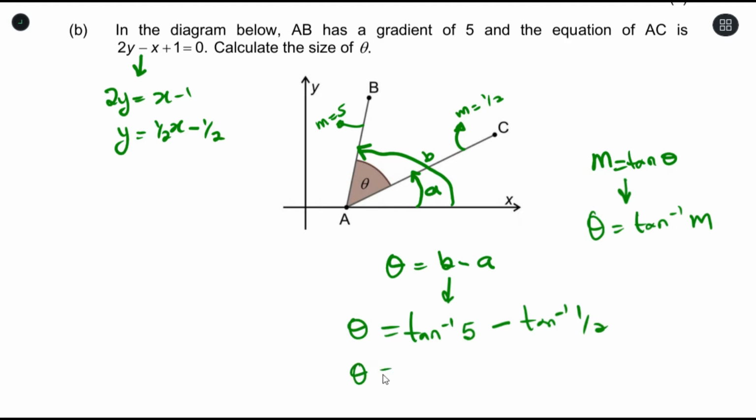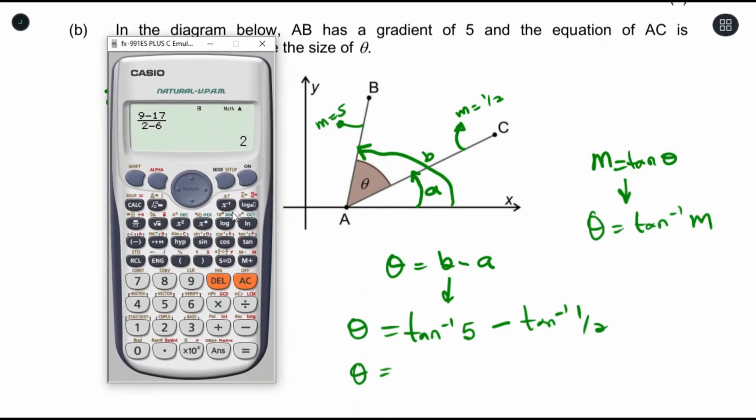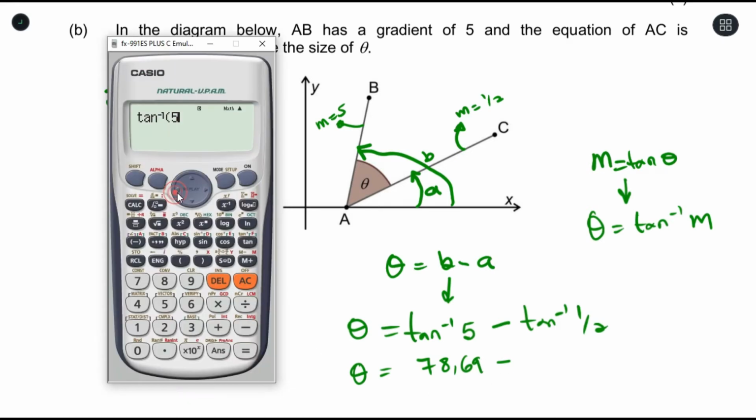So I could say theta is equals to, let's put this in our calculator, 78.69 minus, then for half, 26.57.